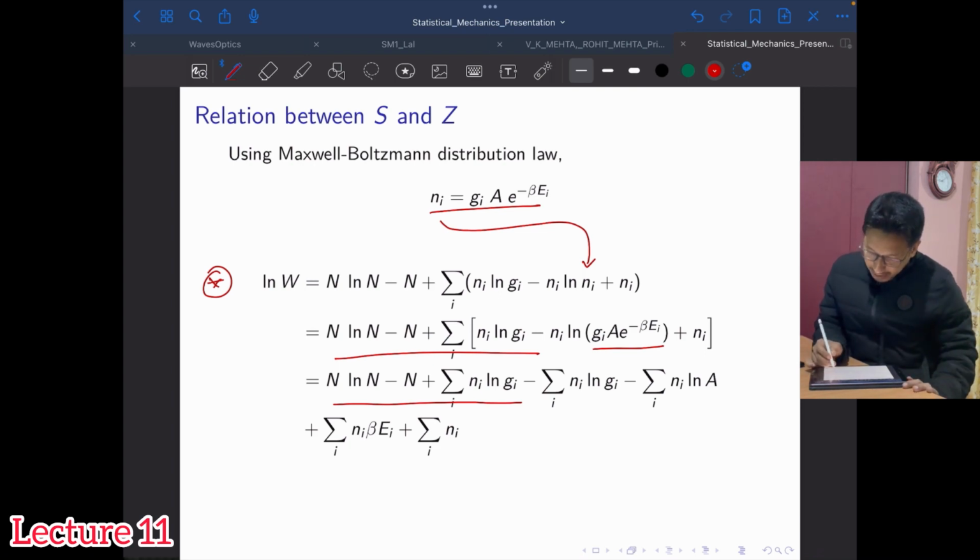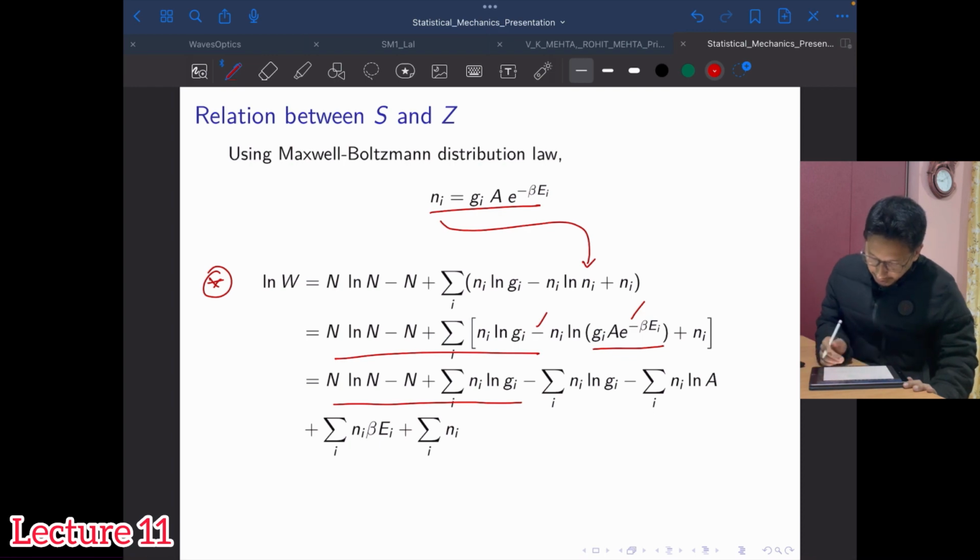Then the ln e to the power of beta e will give you negative beta e, right? With multiplication of ni, this negative and this negative will give me plus. So plus ni beta e, and then you have the sum of ni.